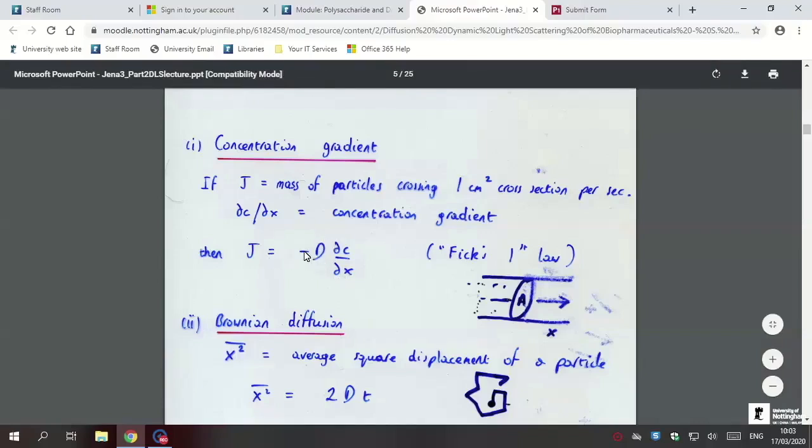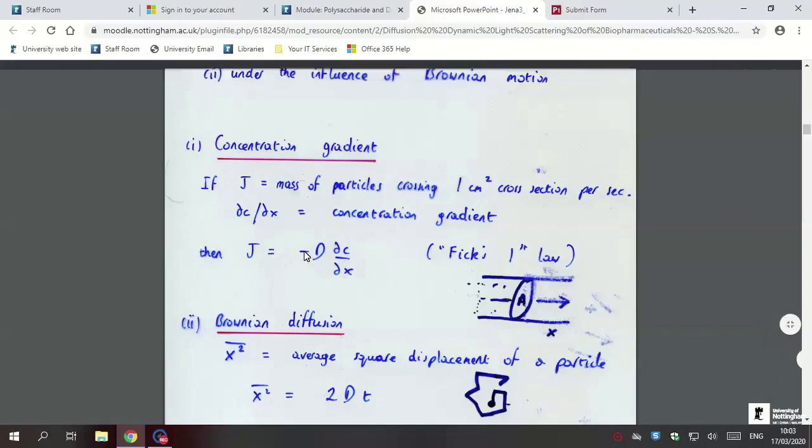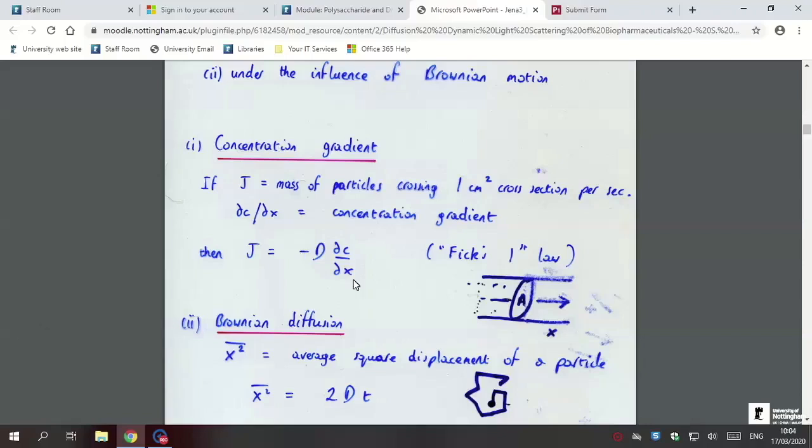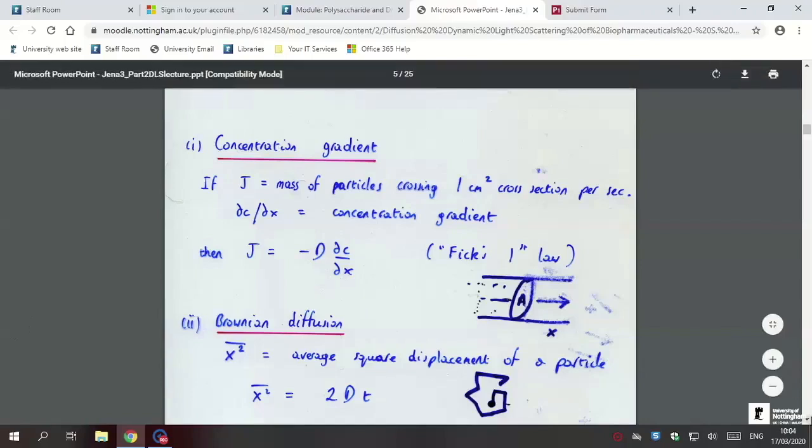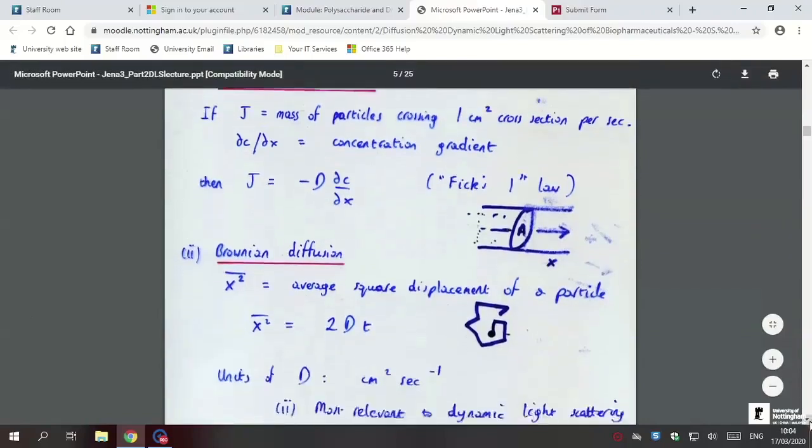There's a minus because the direction is down the concentration gradient, so it's from a region of high concentration down to a region of low concentration. And when all the concentration is the same, diffusion will stop. So that's the diffusion coefficient.